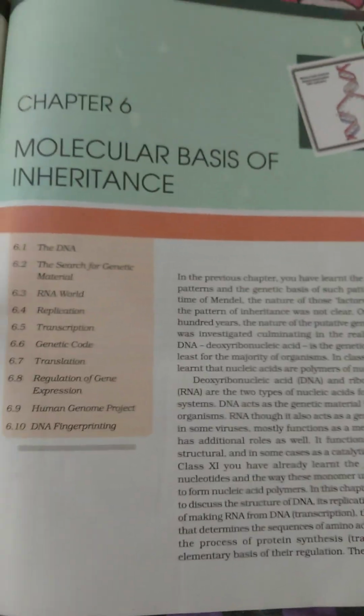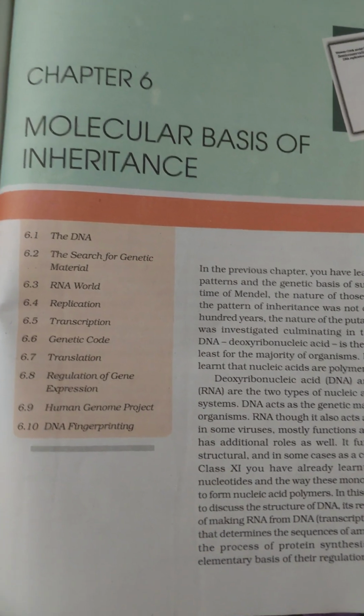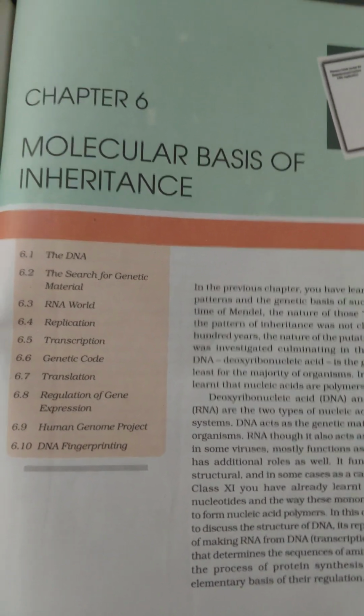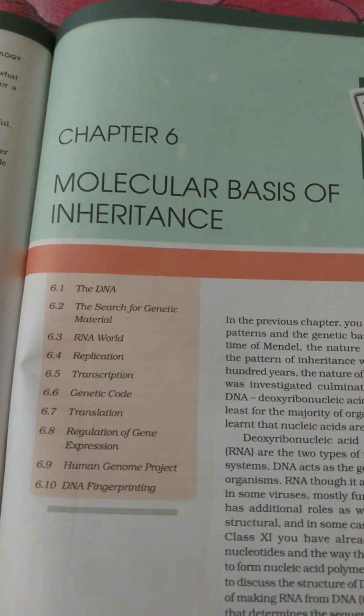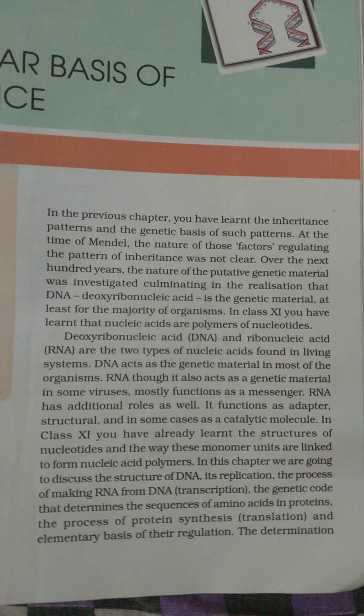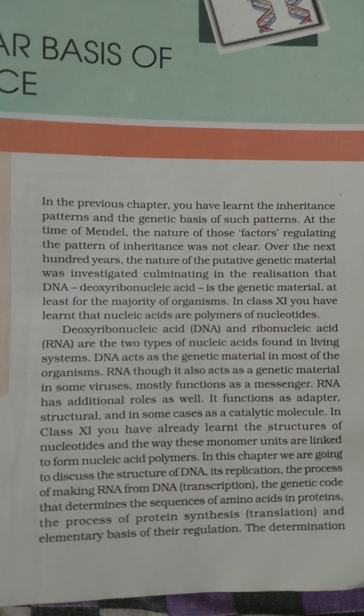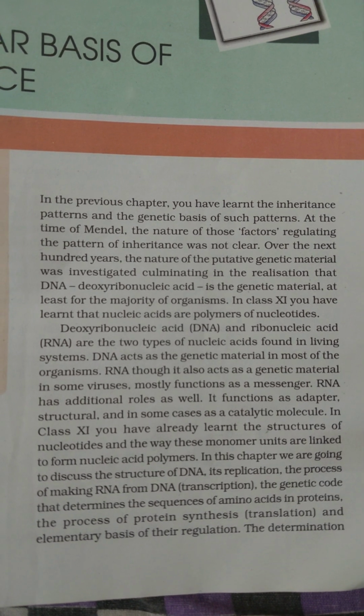Hello friends, today we are going to start a new topic in class 12th biology, chapter 6, molecular basis of inheritance. So friends, in the previous chapter you have learned the inheritance patterns and the genetic basis of such patterns.